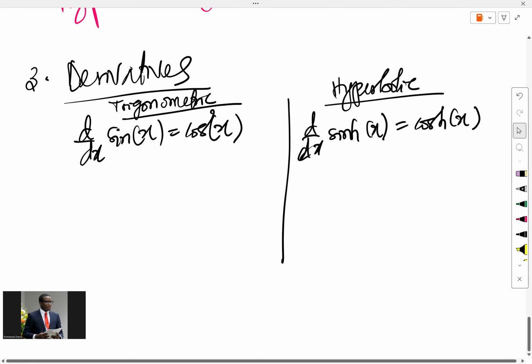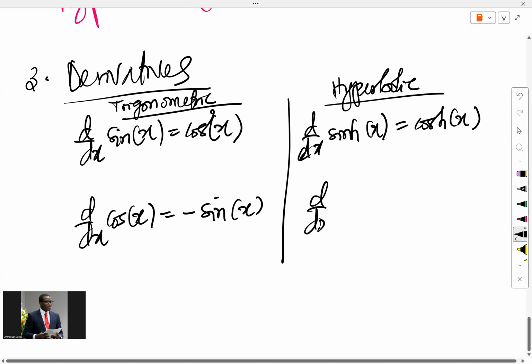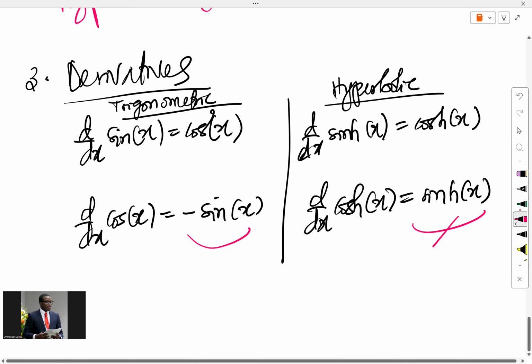See where the difference lies. d/dx of cos x is equal to minus sin x, whereas d/dx of cosh x is still sinh x. So that's one difference. While the sign changes here, it does not change here. That's a kind of difference.